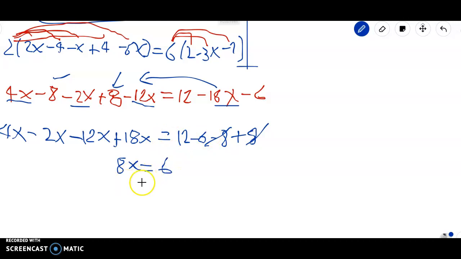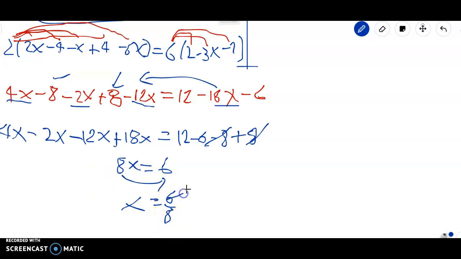And now in the last step, this 8 is multiplying the variable. So this number comes to divide, so it will be x equals 6 over 8. And we can simplify this answer. So remember, always we have to write the fraction in simplest form.